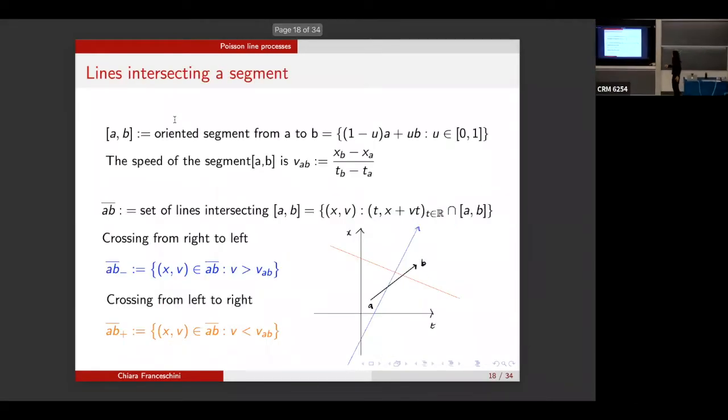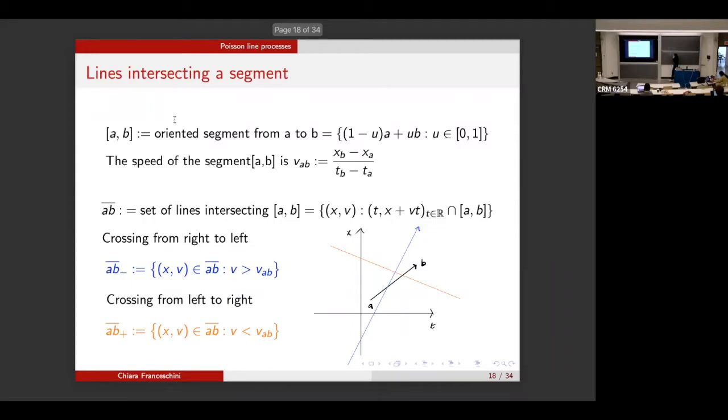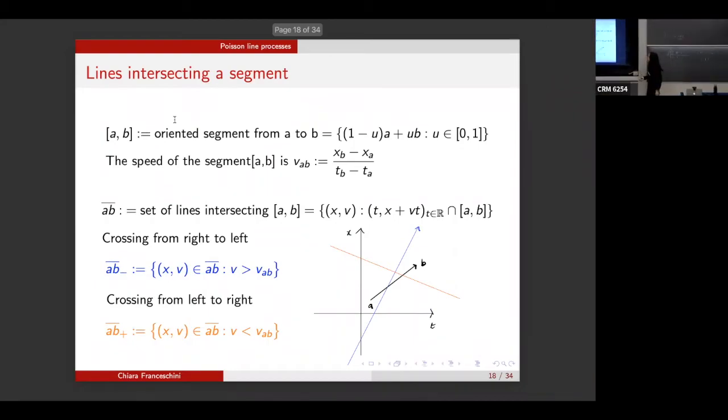Now for each oriented segment AB, which is the linear interpolation of the two-dimensional points A and B, you want to define the set of lines intersecting this segment.